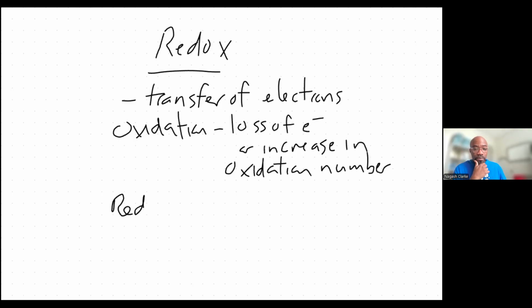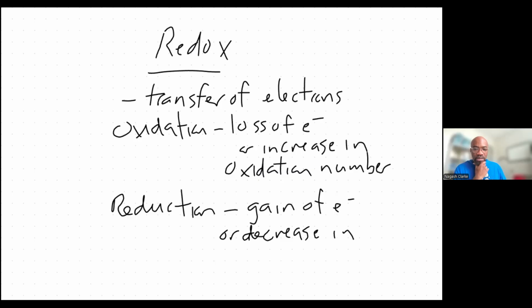Reduction, gain of electrons, or decrease in oxidation number.